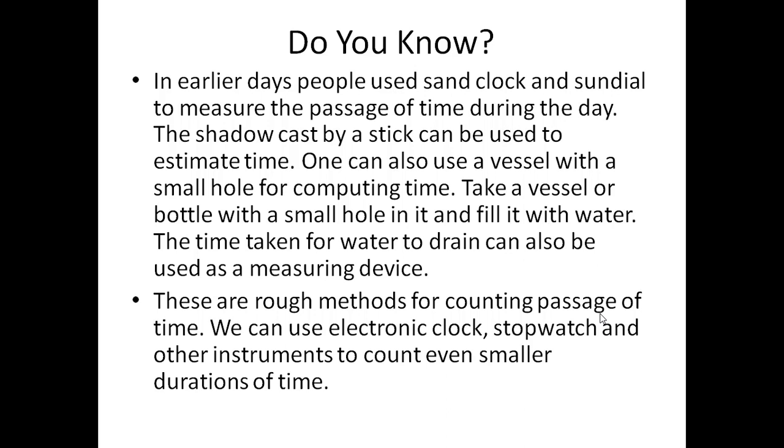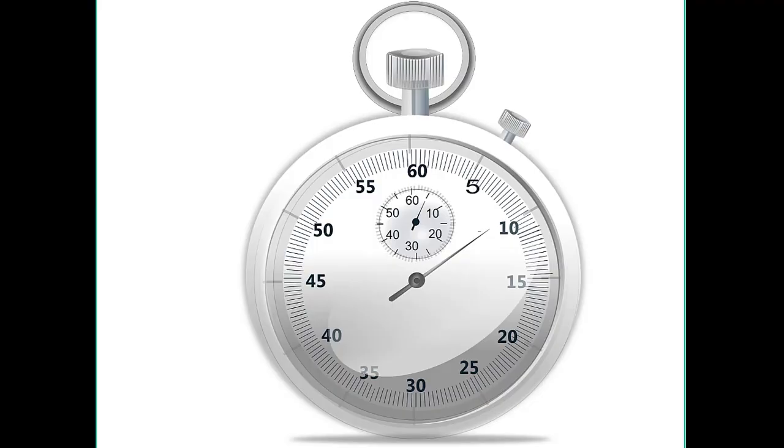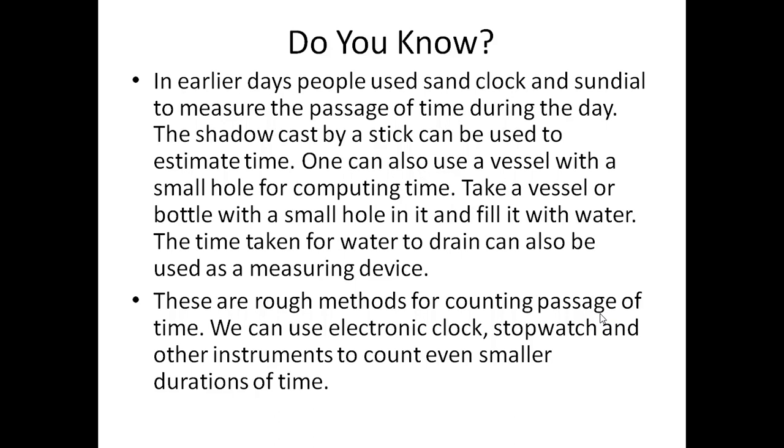Take a vessel or bottle with a small hole in it and fill it with water. The time taken for water to drain can also be used as a measuring device. These are rough methods for counting passage of time. We can use electronic clock, stopwatch and other instruments to count even smaller durations of time.